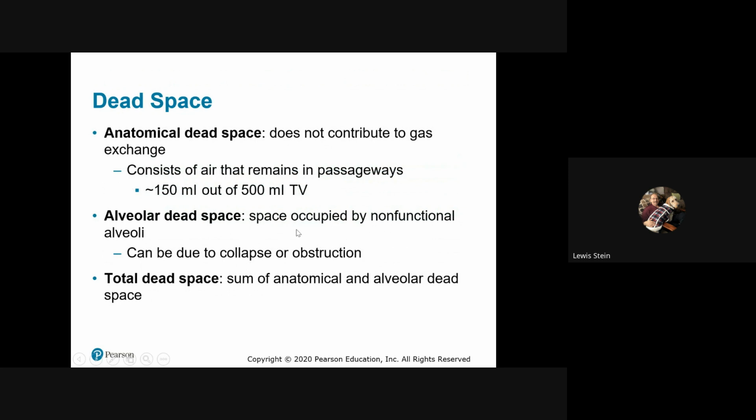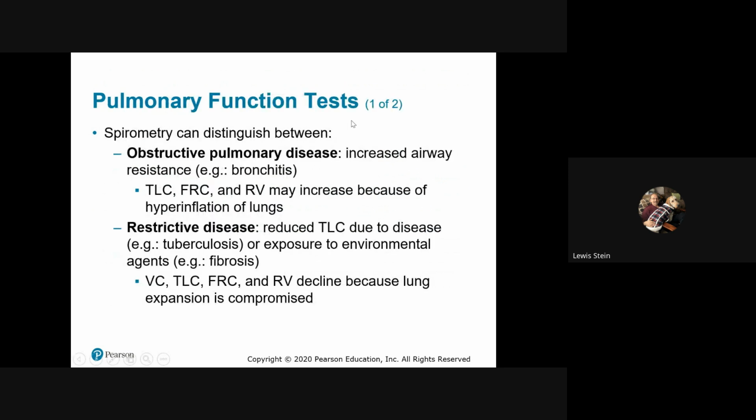Space occupied, and there's other stuff, okay? Space occupied by non-functional alveoli, if there's been damage, pneumonia, things like before. And so we look at these kinds of things. So not every aspect of your lung is working 100% perfectly, probably better when you're younger than when you're older, and you kind of add up the total dead space.